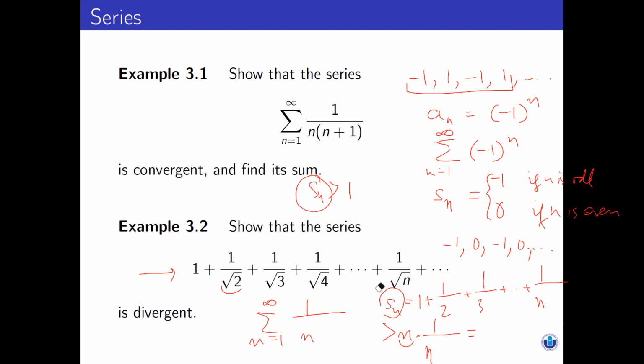But in fact, you can still show that this one diverges to infinity. So try to show that this one goes to infinity.